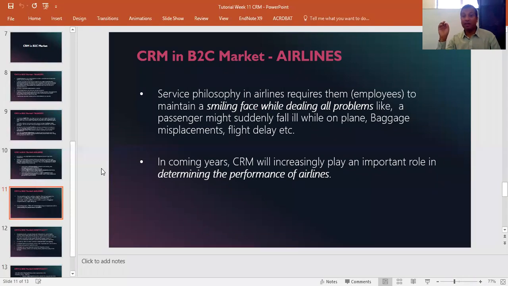Service philosophy in airlines requires employees to maintain a smiling face while dealing with all the problems, such as if you fall sick while in the plane, or baggage misplacement, or flight delay. I have probably gone through all these three in the last 10 years.